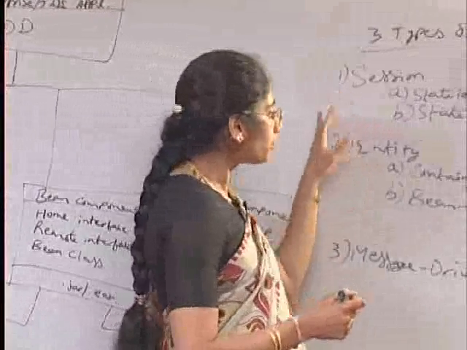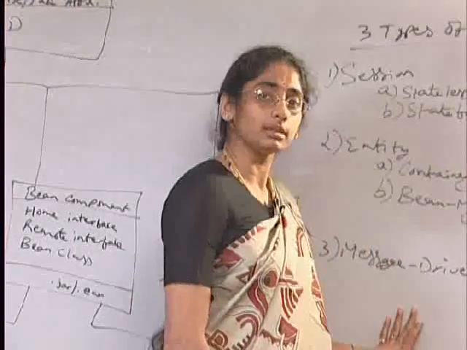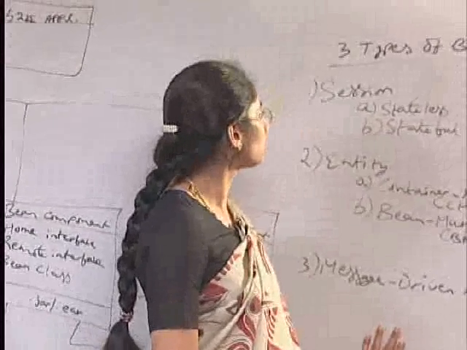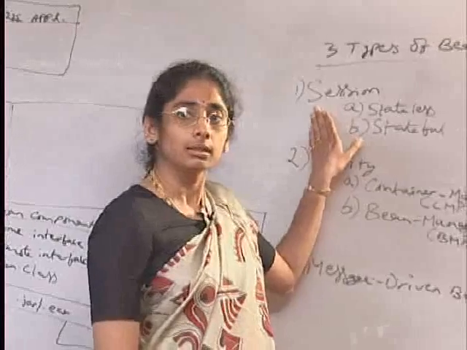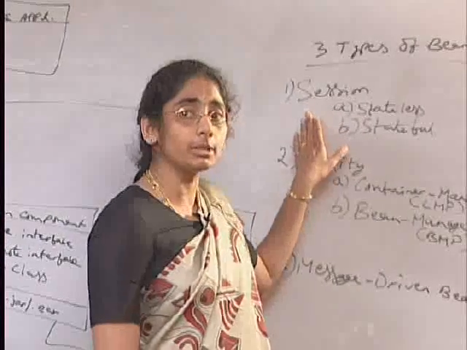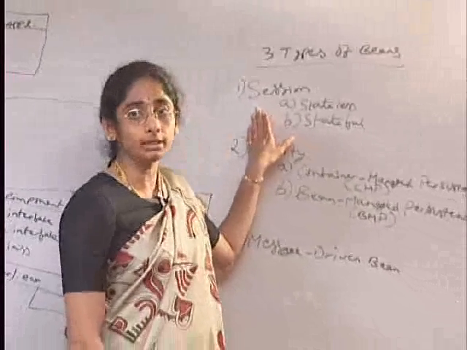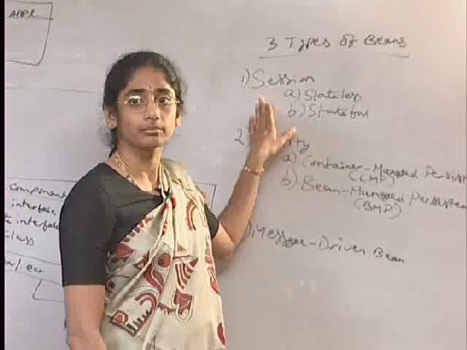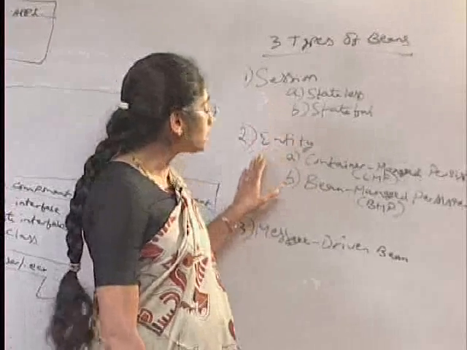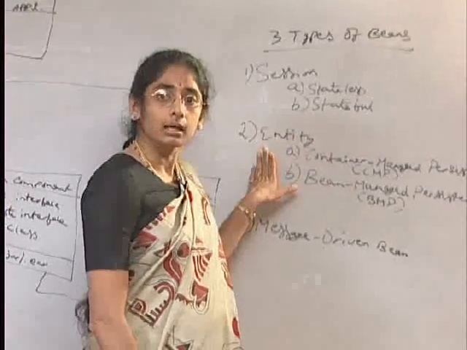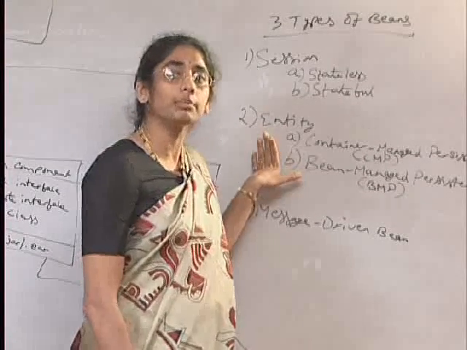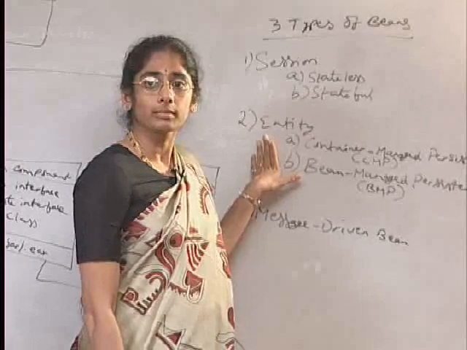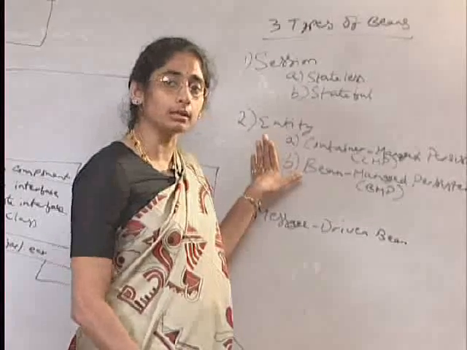The difference between each one of these beans is as follows. Session beans are used to represent the business methods, whereas entity beans represent any noun, for example, employee, for example, order.